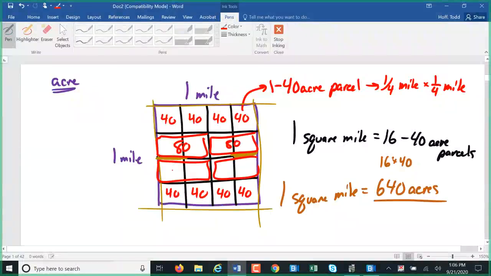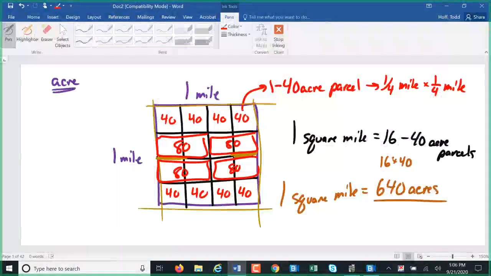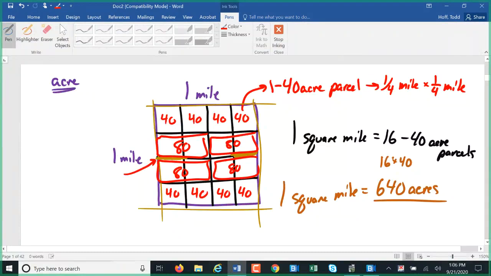It was 2 40s combined, so they didn't have to worry about access to them. Depending on how that section was blocked off, if they used the 80s, they didn't need these little access roads. If not, they had to have those access roads put in. So this is a little bit of background as to why land is broken up the way it is and where that acre came from.